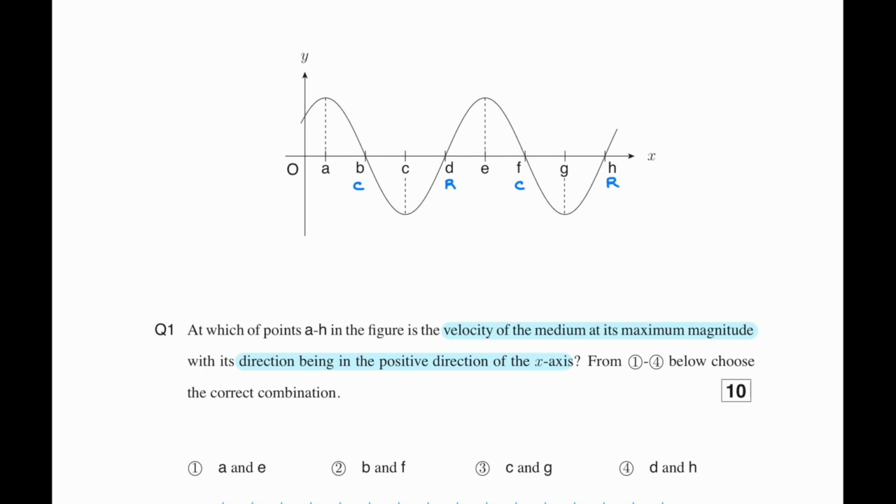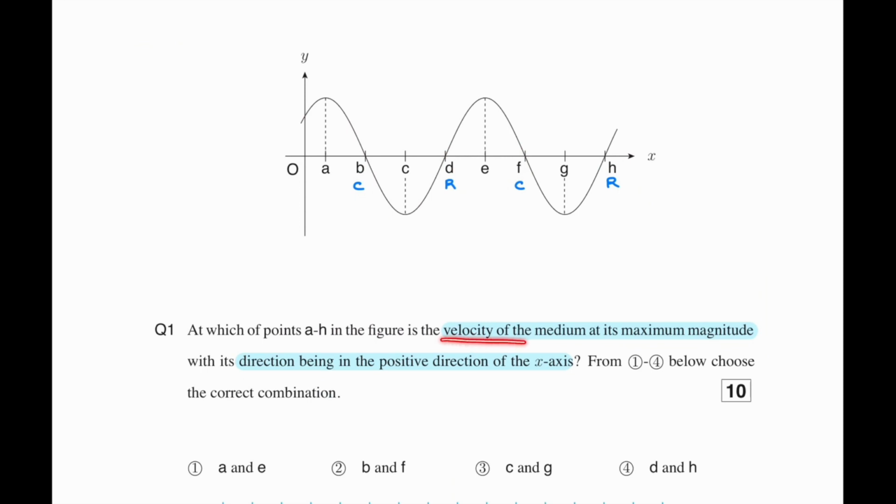The question wants us to find the position where the velocity is maximum. Of course, the velocity is maximum not at compression nor rarefaction. Sorry, I repeat it once again.